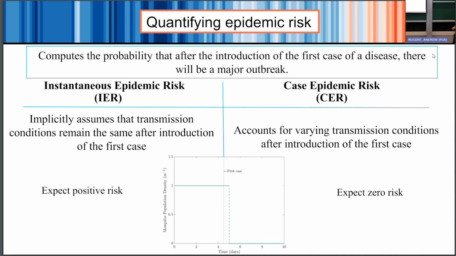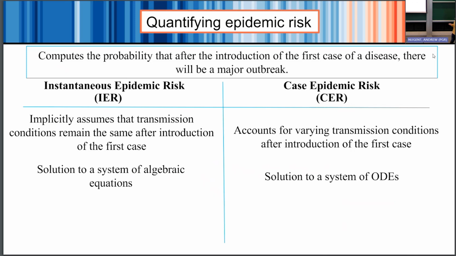If we feed that mosquito population density into the IER calculation, we'd get a positive epidemic risk. However, if you use the CER, you're accounting for the fact that you get this sudden drop off, and so you really expect a zero risk. There's no way that a mosquito would bite a human, then become infectious, and then bite another human in such a way that you get a massive outbreak in that tiny amount of time.